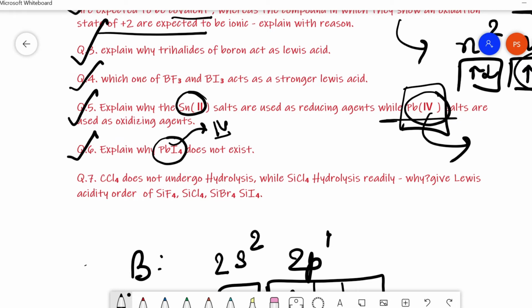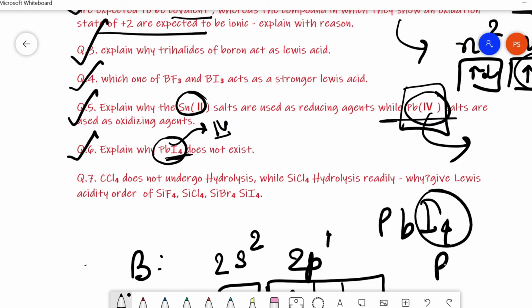To stabilize lead in the plus 4 oxidation state, which is highest and unstable for lead, a very highly electronegative element like fluorine or oxygen is required. But here we are seeing that iodine is there, forming PbI4.